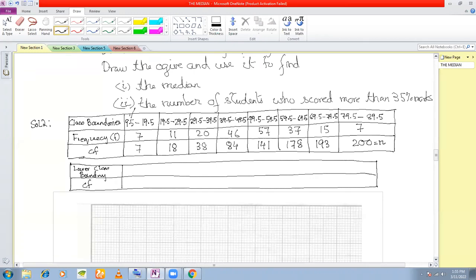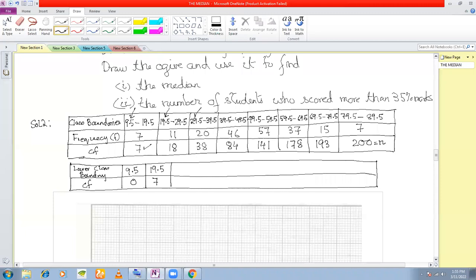The first lower class boundary is 9.5, so we'll write 9.5. And for the first cumulative frequency, we write a 0. The next lower class boundary is 19.5. So we write 19.5. And for this we are going to take the first cumulative frequency.